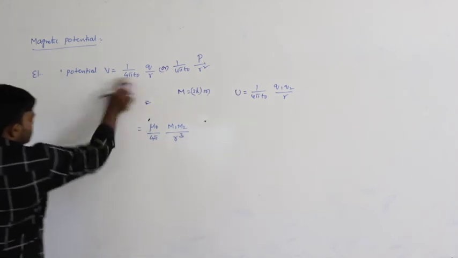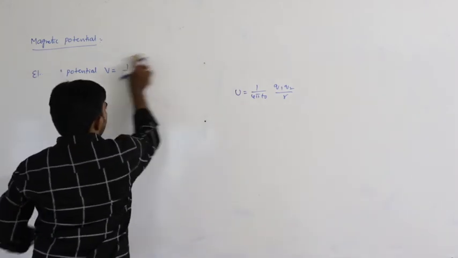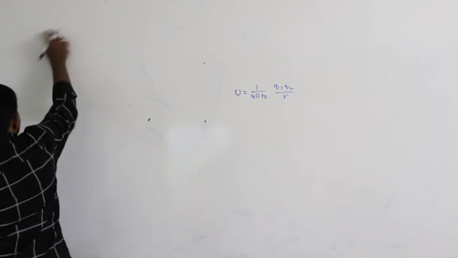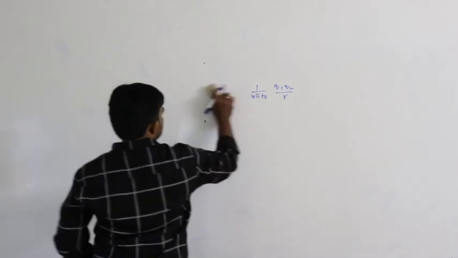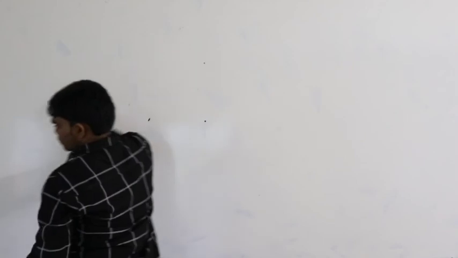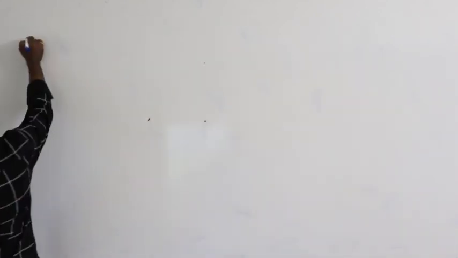Now, what is the force between two magnets? We calculated the force between two poles, or two charges, according to the inverse square law. But what is the force between two magnets?